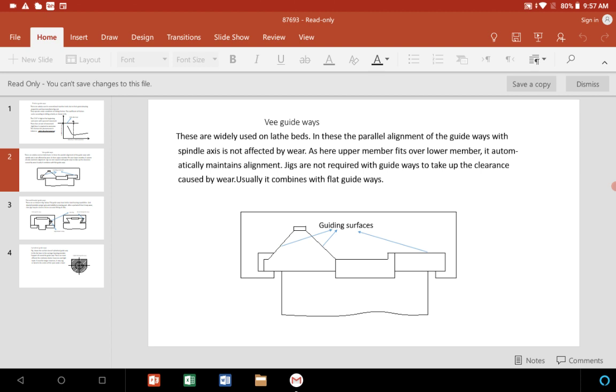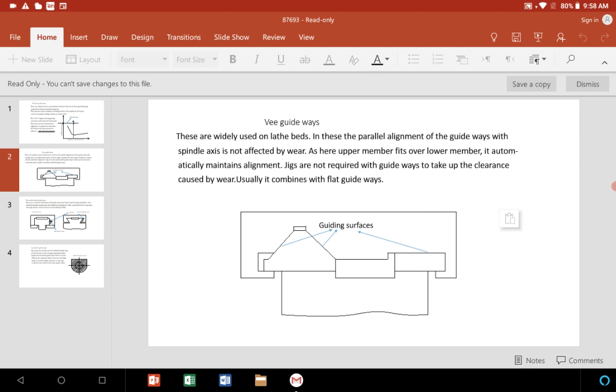In these, the parallel alignment of the guideways with the spindle axis is not affected by wear, as here the upper member fits over the lower member. Exactly, it is located on the surface of the moving part as well as the other part on which it is moving.